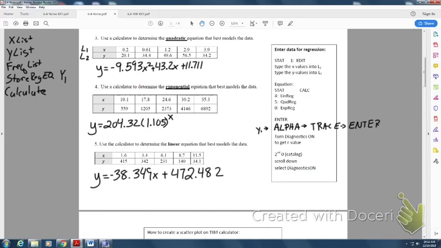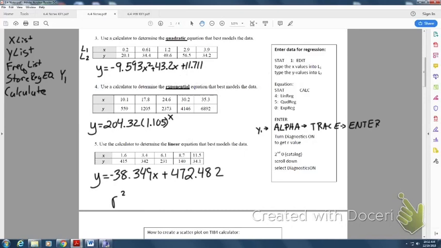Yes, ma'am. Will you explain again what to do to get to this part? Alright, so on this, at the bottom, every time you got an equation, if you noticed, at the very bottom, there's an r squared. Sometimes there's an r too. The r squared, what this is for, this is what we turned on at the beginning, the diagnostic on. The closer that number is to 1, the more accurate that equation is. Alright, so if I was to give you an equation and I said which one of these, well, there's a couple ways you can do it, but that's going to tell you how accurate it is.